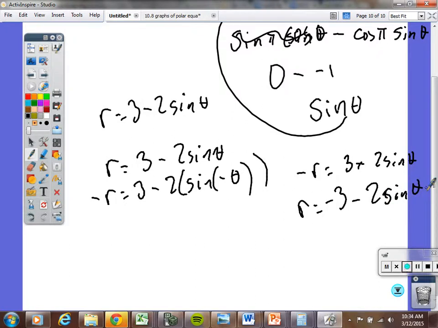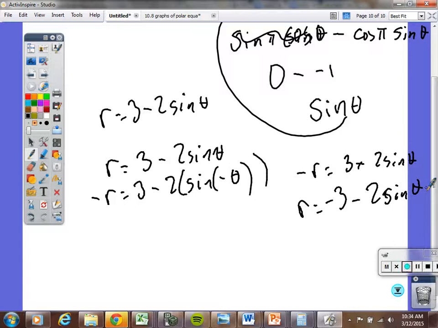Okay, so let me ask you a question here. Can sine be negative again? Where does sine equal negative 1? At 3 pi halves, right? Or negative pi halves, whatever you want to say. So this is negative pi halves.